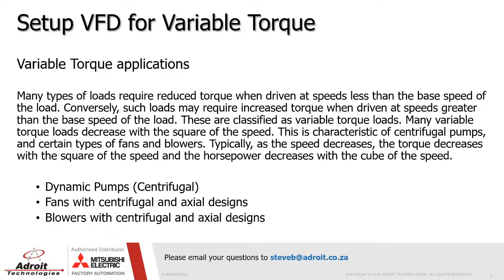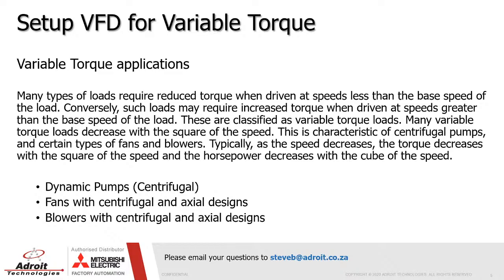Such loads require increased torque when driven at higher speeds than the base speed, and lower torque when you drive at lower speed than the base speed. That will typically be centrifugal pumps and centrifugal fans, and that's where we also get energy saving on variable torque applications.